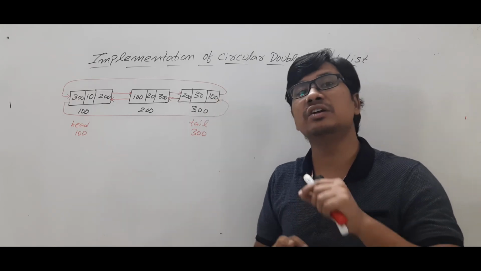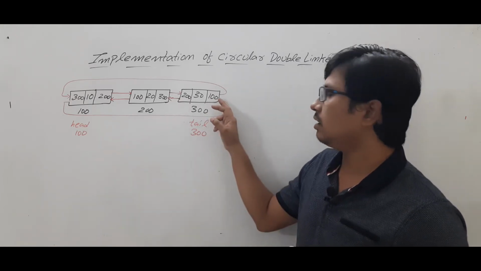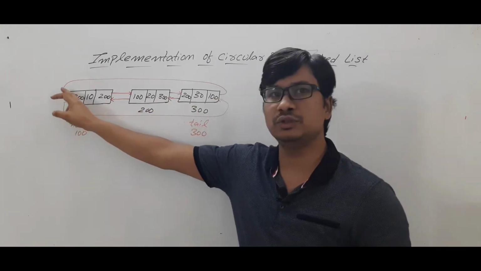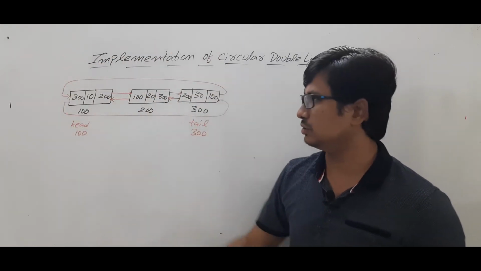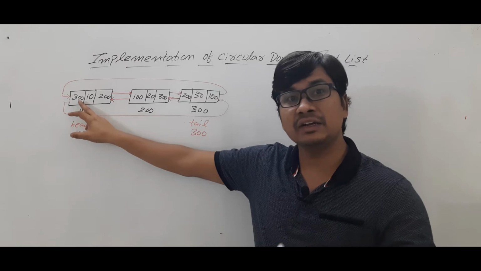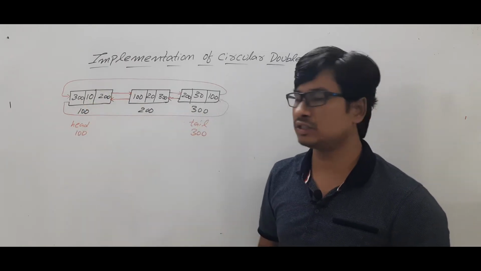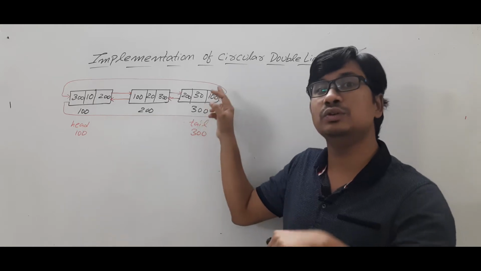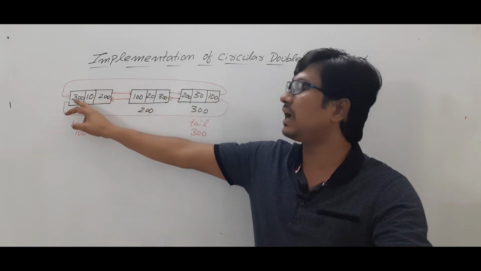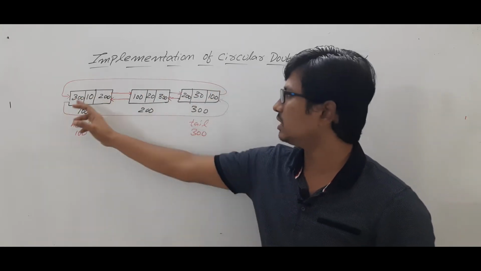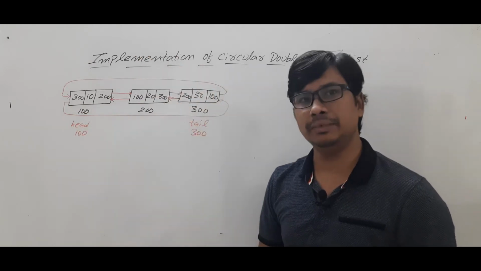But as it is a circular double linked list, the last node should be connected to the first node and the first node should be connected to the last node. So that's why the address of the previous node at the first node has the address of the last node, and the address of the next node in the last node has the address of the first node. So that is why it is a circular double linked list.